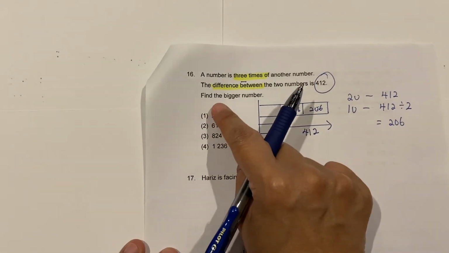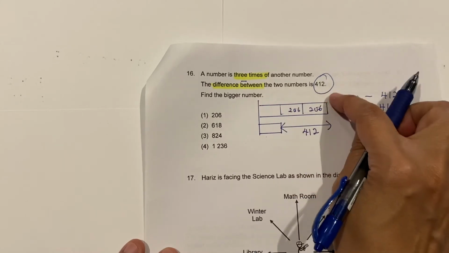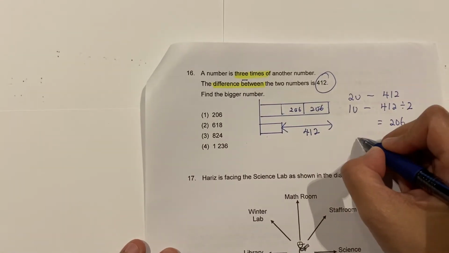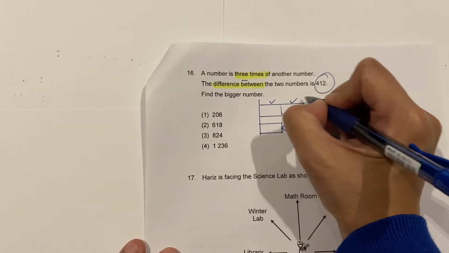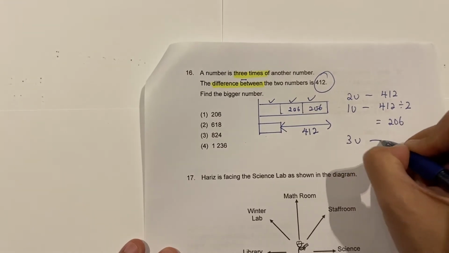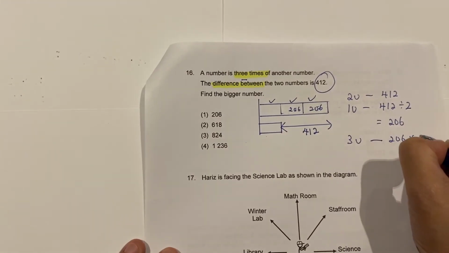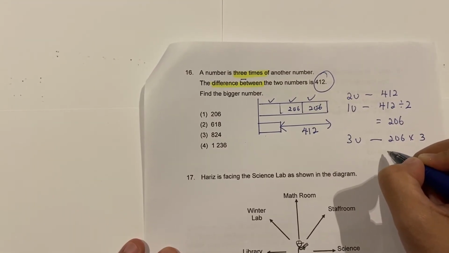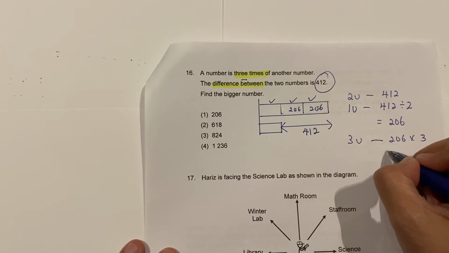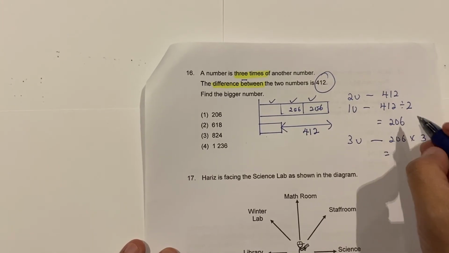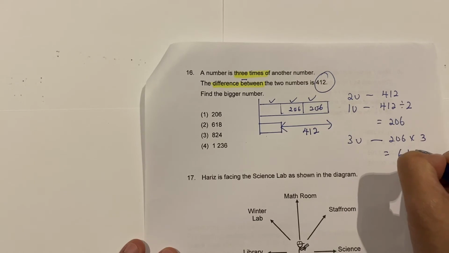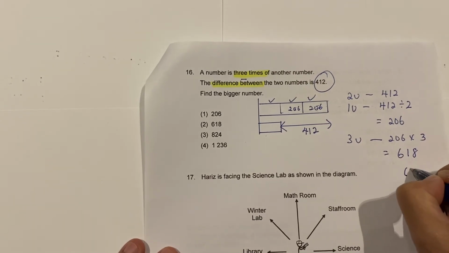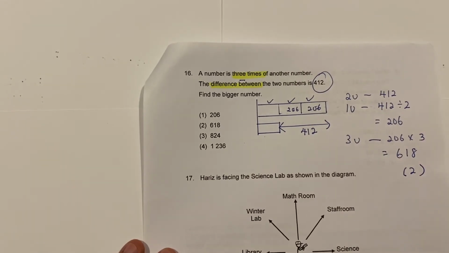Now find the bigger number. This is the number that we're looking for. So 3 units is 206 times 3. So the answer for number 16 is number 2, 680.